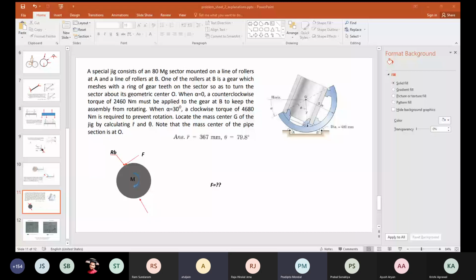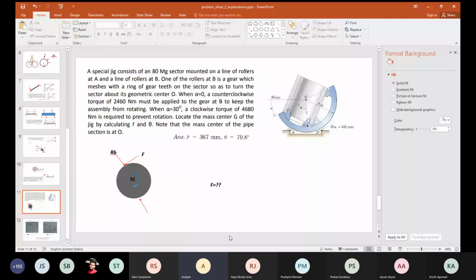Excuse me, sir. What does this 80 mg mean? Is it the weight? Mg is milligrams or something? What is it in the question? I think mass is 80.